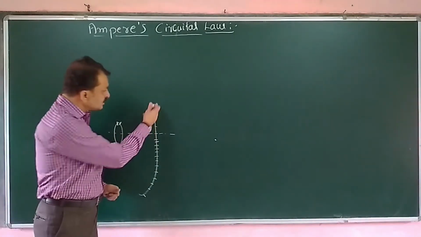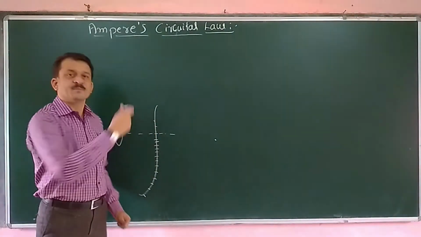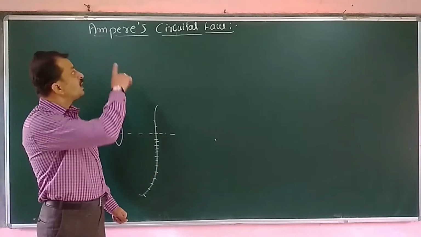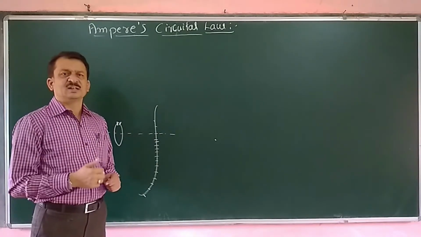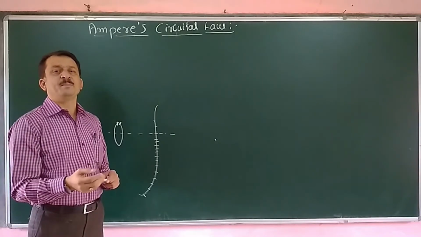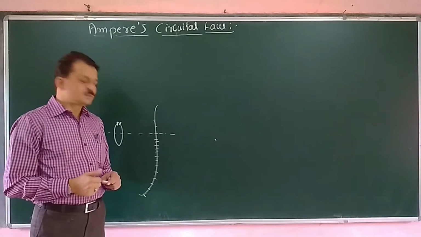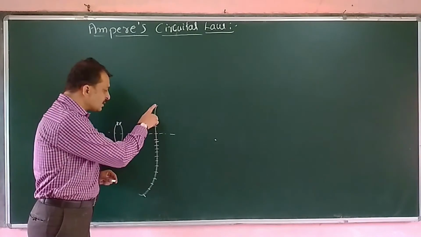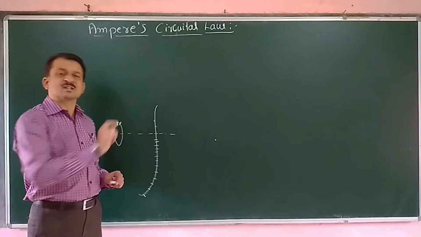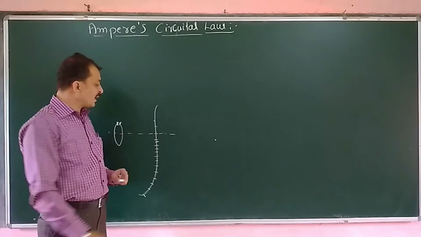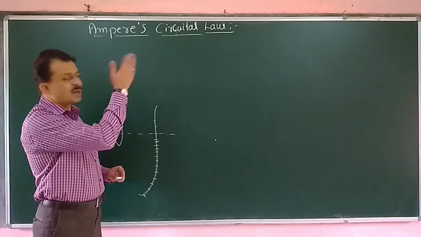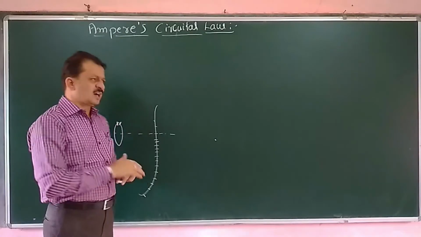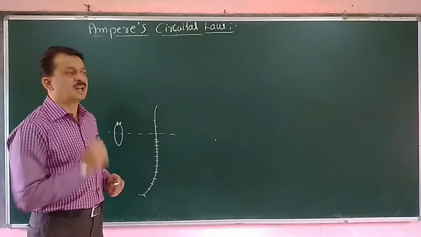In order to overcome this difficulty, Ampere has suggested a circuital law, and it is called Ampere's circuital law. Now we have a difficulty in using Biot-Savart's law to calculate the magnetic field in this case, so Ampere has introduced a simple law called Ampere's circuital law.